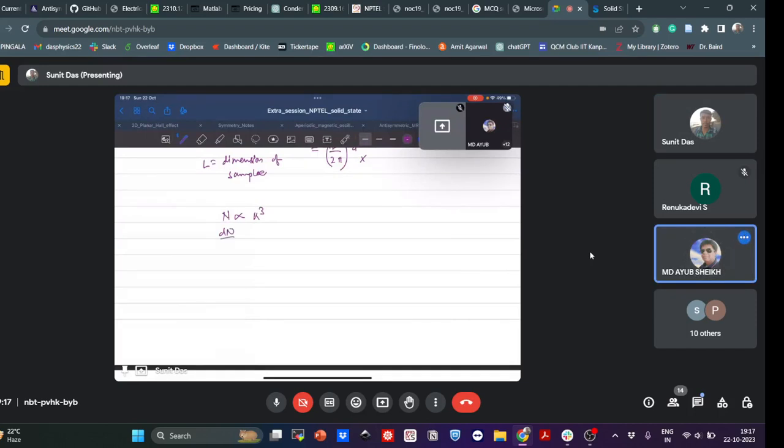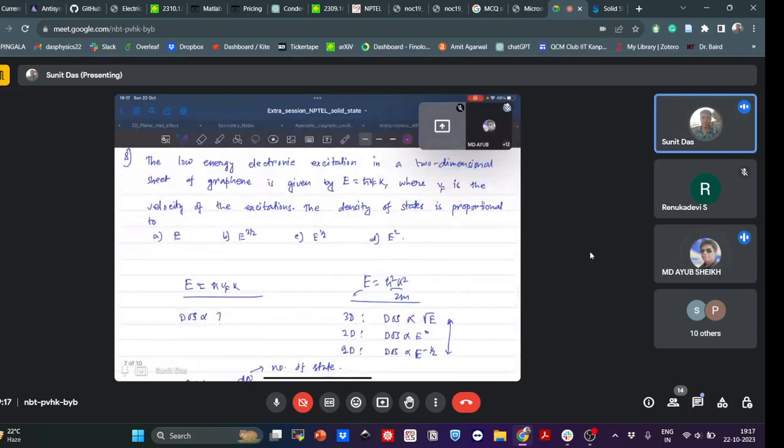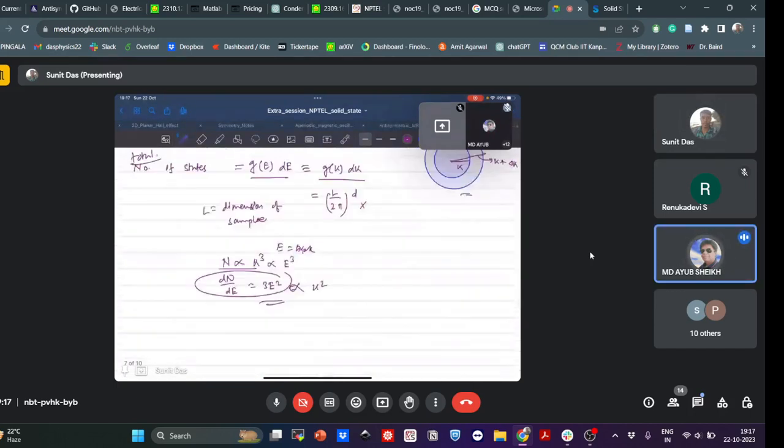If n is proportional to k cube, then it is also proportional to E cube, right? Because E is simply ħ v_F k. Then dn/dE will be 3E square, which means it is proportional to k square, so this should be proportional to E square. It is for the massless Dirac system.